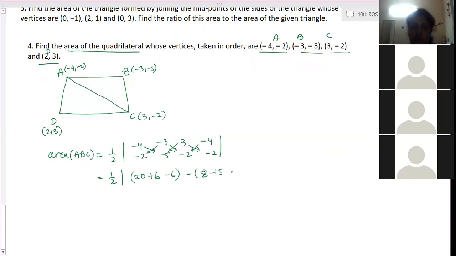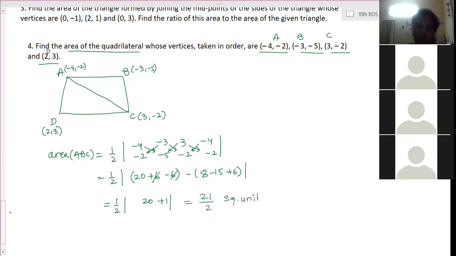Minus 3 into minus 2, plus 6. 6 minus 6 cancel. 20 minus 8 plus 6, 14. 14 minus 15, minus 1. So it is plus 1. So this is 21 by 2 square units, the area of ABC.